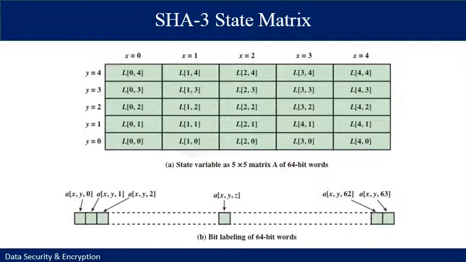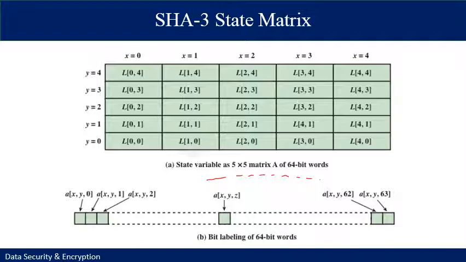So now let us examine the iteration function f used to process each successive block of the input message. If you recall, f takes an input of a 1600-bit variable s consisting of r bits, corresponding to the message block size, followed by the capacity c. Within f, the input state variable s is organized into a 5 by 5 by 64-bit array.